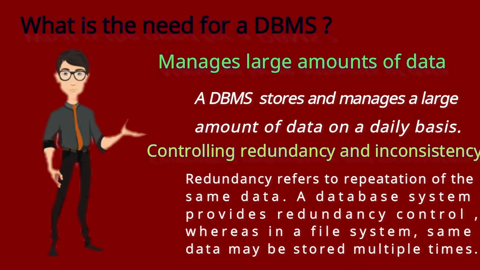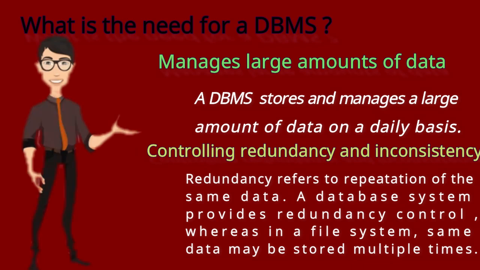The second important part of a DBMS is controlling redundancy and inconsistency. Redundancy means repetition of the same data. So, a DBMS helps us reduce repetition of the same data.